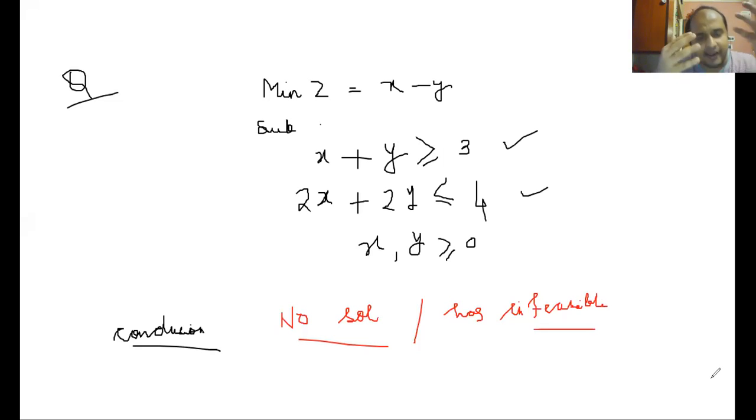If I consider the same problem, it will be much better for you to understand. So let me consider problem 2. Let me go to the next new page, and the problem is min z, same objective.